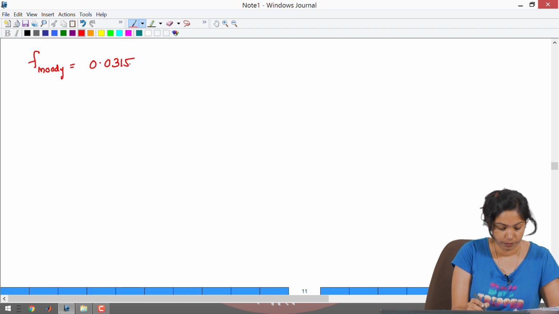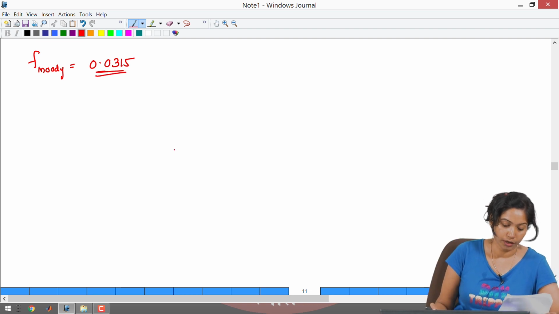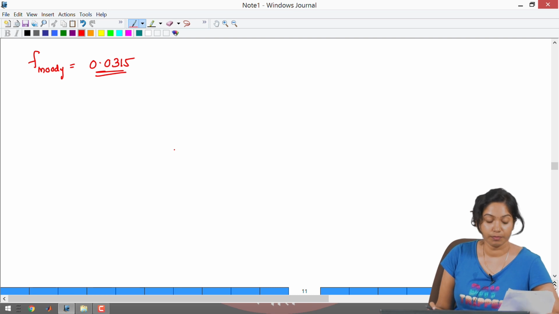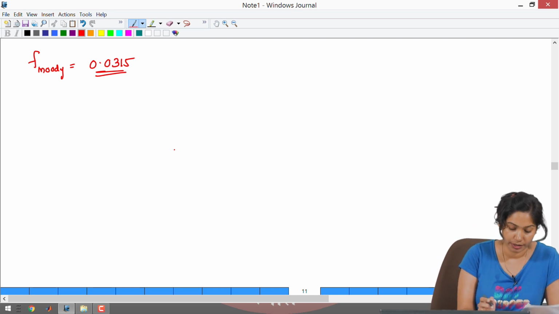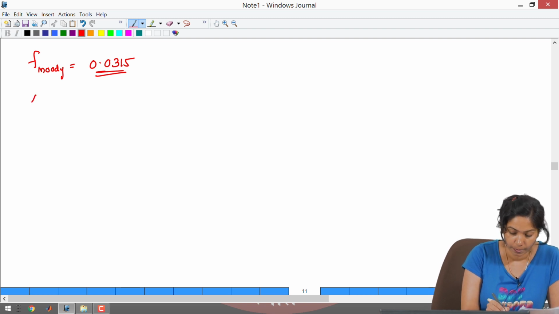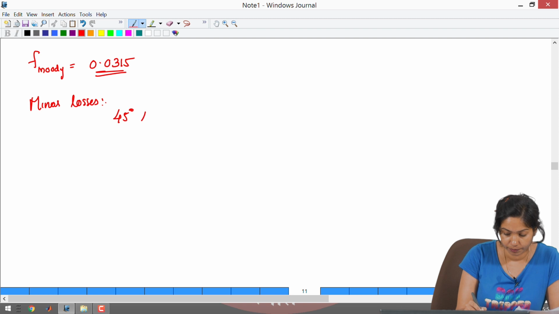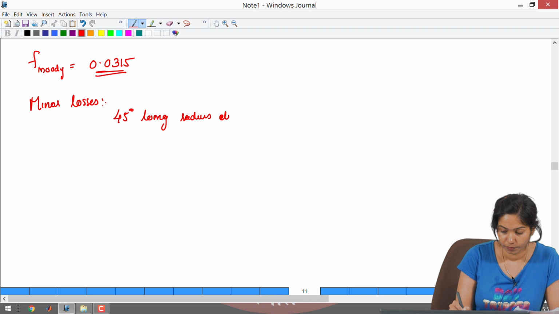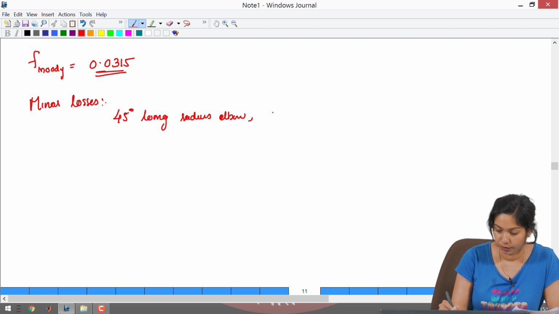There are also minor losses, which can be listed. For a 45 degree long radius elbow, k equal to 0.2.